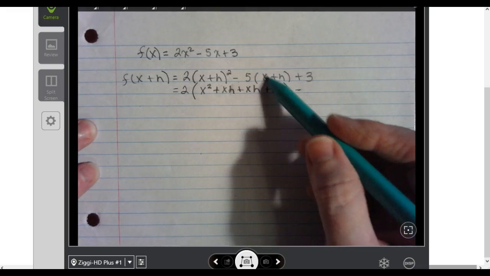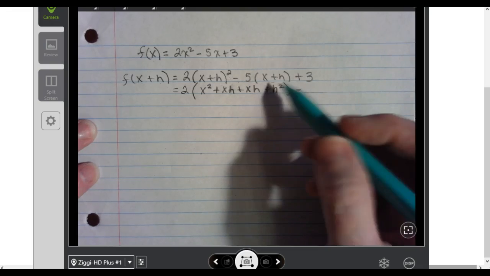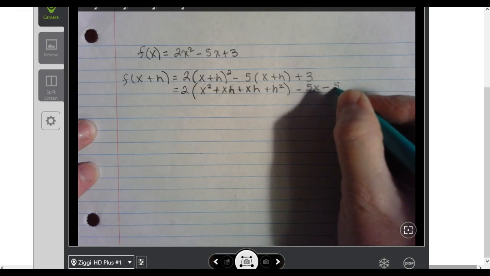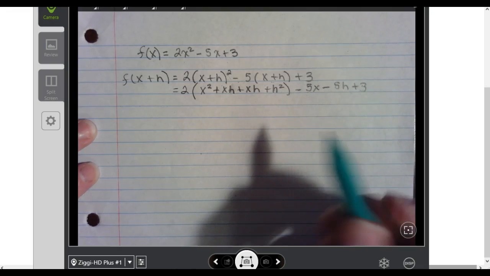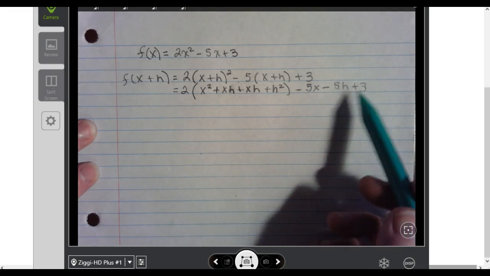okay, and then we're going to distribute the minus 5 into the x plus h. So I'll get minus 5x minus 5h plus 3. So again, minus 5x minus 5h plus 3.